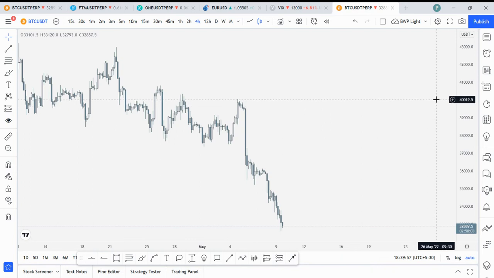I wait for price to get to that level before placing the order, or I set a limit order that will automatically execute when price gets there. When your order gets executed immediately at market price, that's a market order.